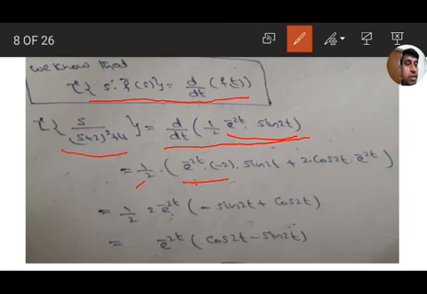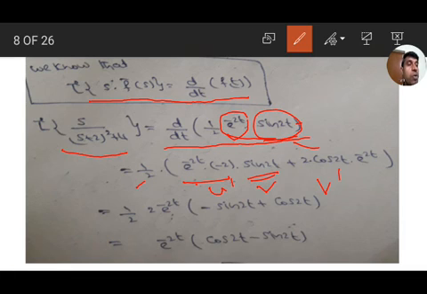U dash is the derivative of e to the power of minus 2t, which is e to the power of minus 2t into minus 2, and sin 2t is as it is, it is v. Next, the derivative of sin 2t is v dash, cos 2t into 2, that is 2 cos 2t, and u is as it is, e to the power of minus 2t.